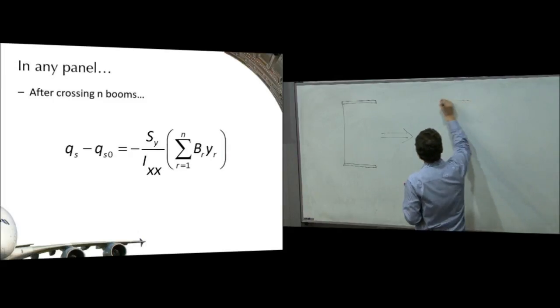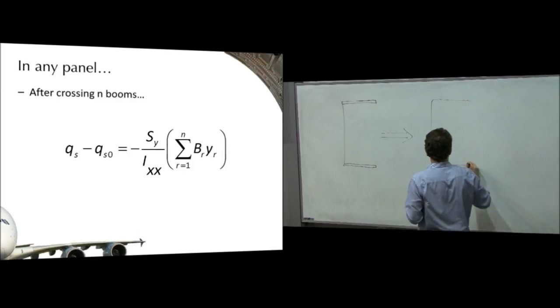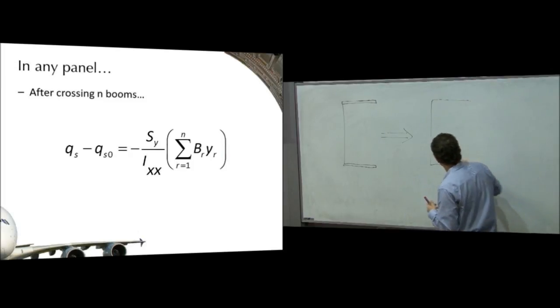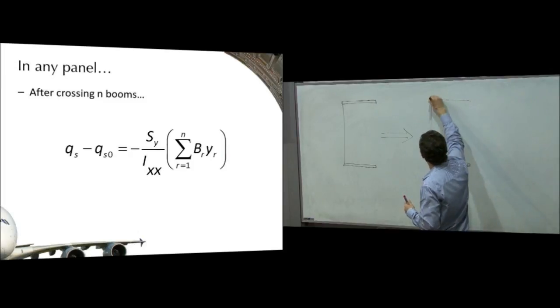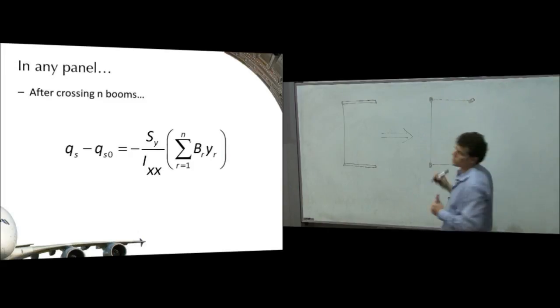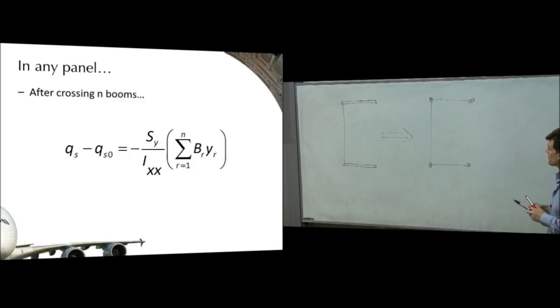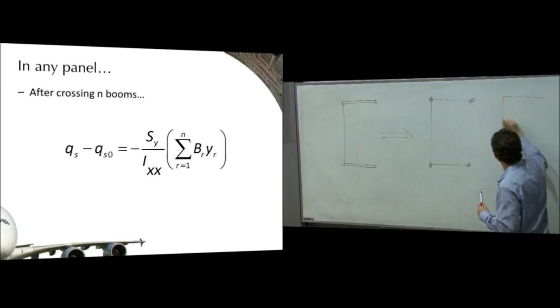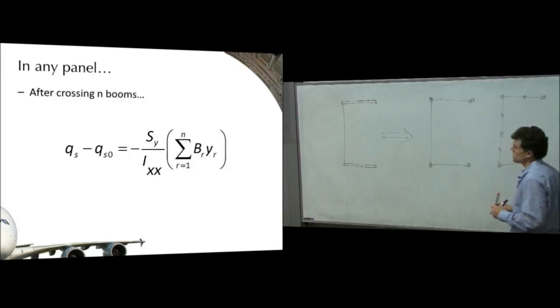So you could theoretically put your booms just in the corners like that. Or you could, if you wanted to, be fancier and put more booms in at various places.